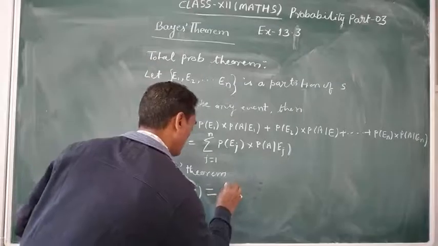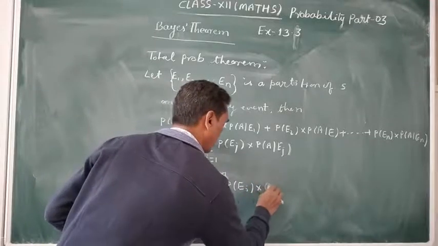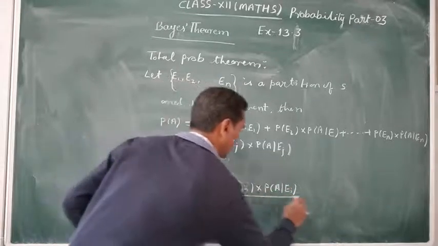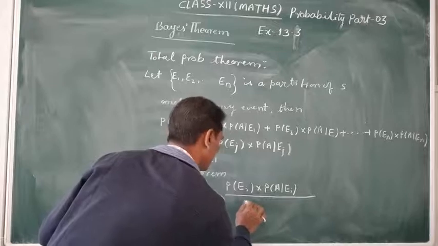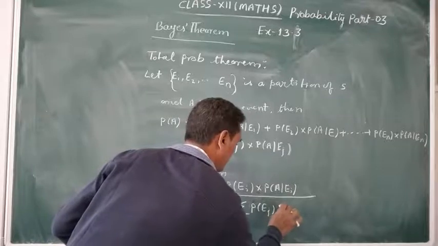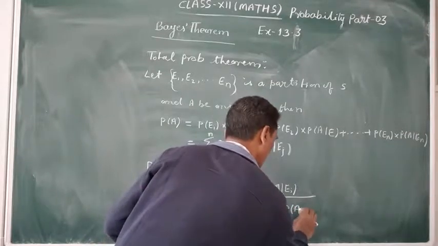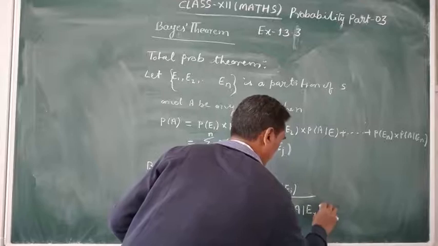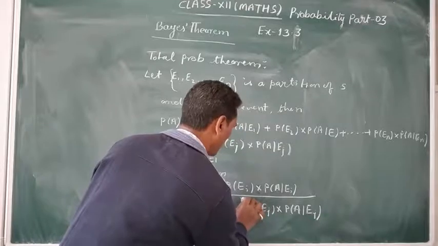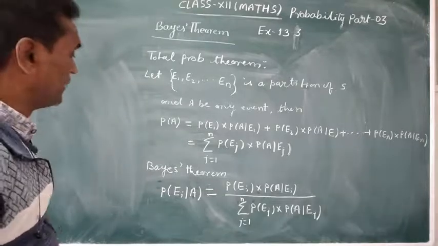So for this, probability of Ei into probability of A given Ei, divided by the total summation, probability of Ej into probability of A given Ej. Here also j varies from 1 to n.